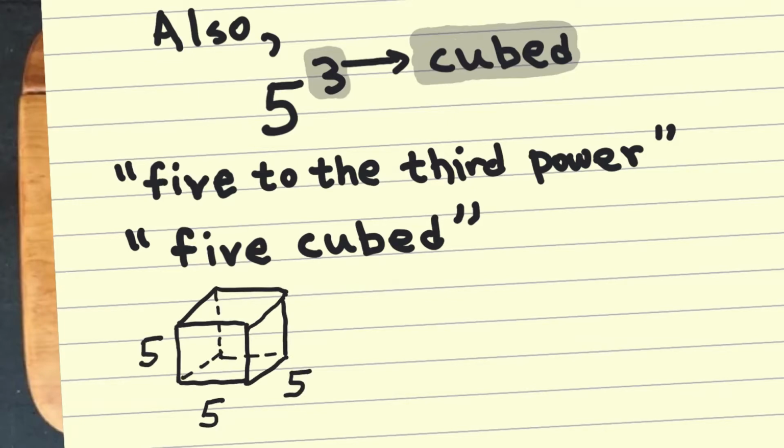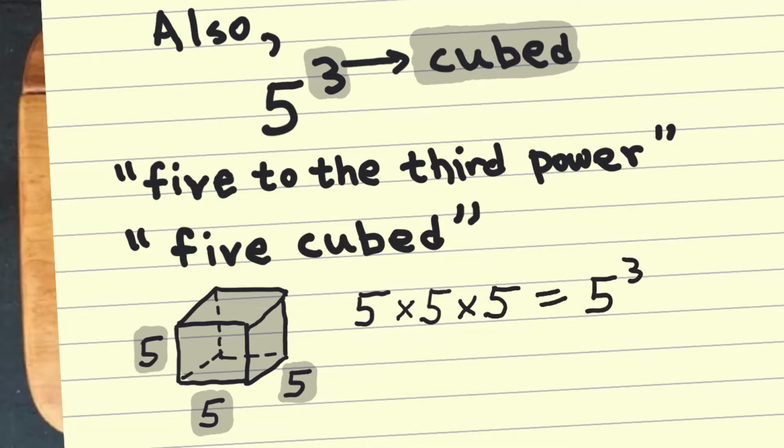If you have a cube of 5 and you calculate the volume, it is equal to the length times the width times the height, which is 5 being multiplied together 3 times, which is equal to 5 to the 3rd power. And that's 5 cubed, which is the volume of a cube with side 5.